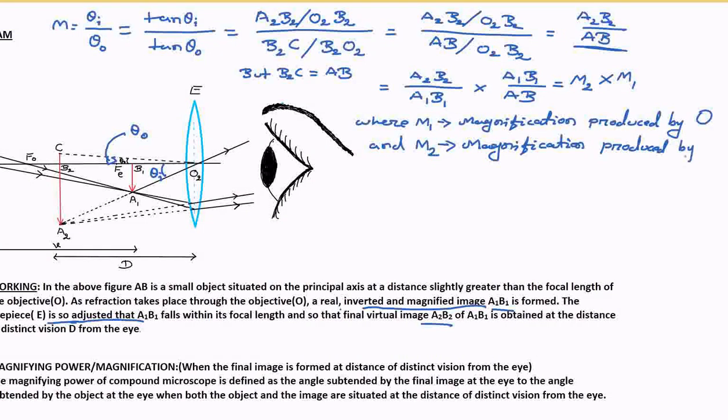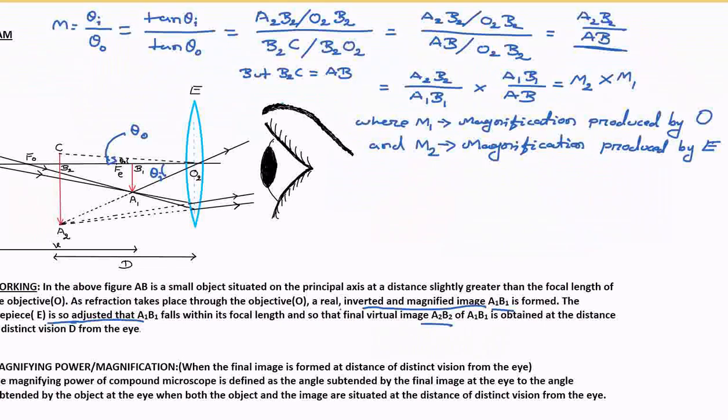But see, in this diagram, eyepiece acts like a simple microscope, because we know from the principle of simple microscope, that when the object lies between the focus and optical center of a convex lens, then the image formed is virtual, erect and magnified.